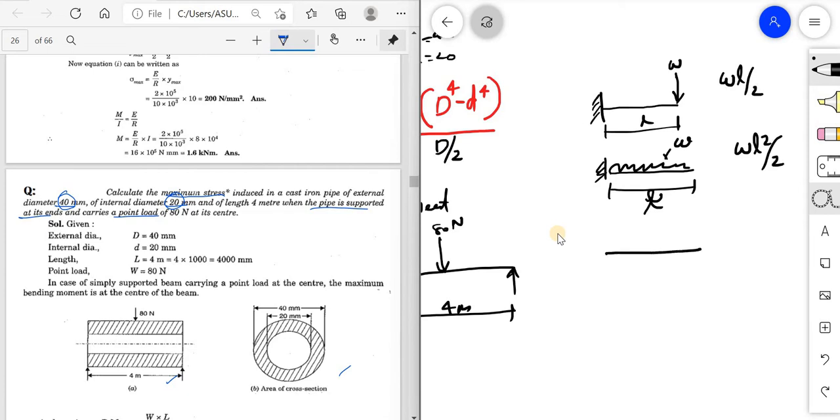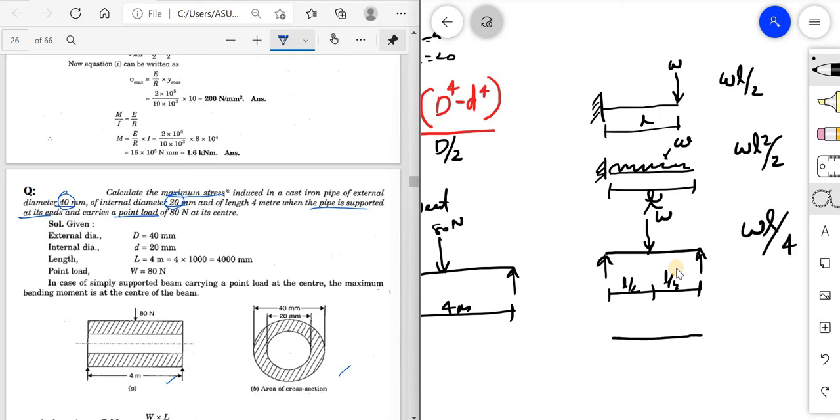Another value you have to understand is that if I am having a simply supported beam which is having a central load W acting at the center, the maximum bending moment will be W L by 4.